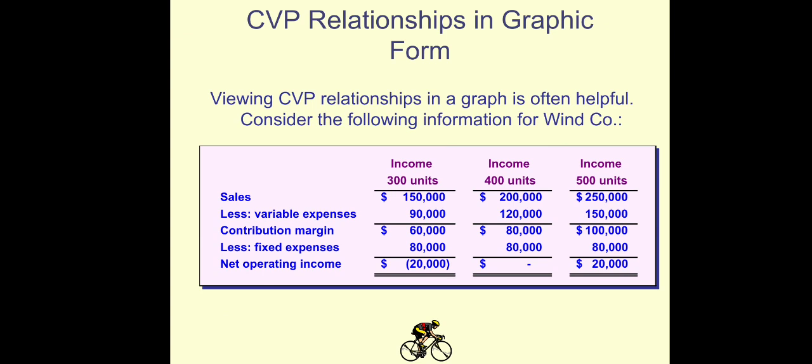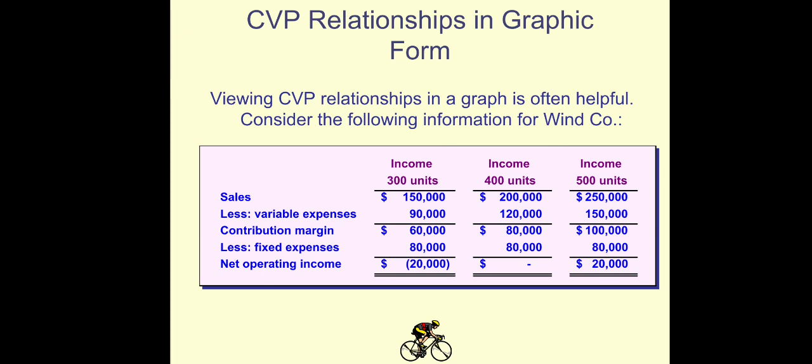If you use data for 500 units, the CM ratio equals 100,000 divided by 250,000. You will get 40%. If you use the 300 units data, the CM ratio is 60,000 divided by 150,000. You will get the same answer, 40%.